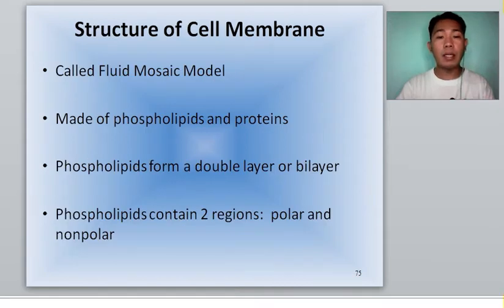The cell membrane is called the fluid mosaic model, and it is made up of phospholipids and proteins. Phospholipids give integrity to the cell membrane, and the proteins function as channel proteins that allow the transport of larger molecules in and out of the cell. Phospholipids form a double layer, or bilayer. Phospholipids contain two regions, the polar and the non-polar.